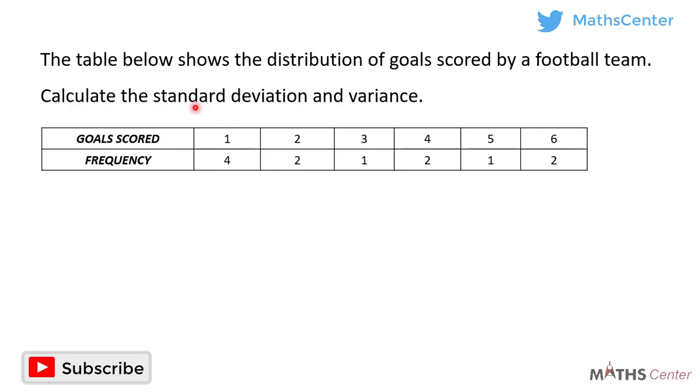The variance is equal to the square of the standard deviation. So we will calculate the standard deviation and then square our answer to get the variance. We have learned that the standard deviation will be equal to the square root of sigma f x squared divided by sigma f, minus the mean squared.